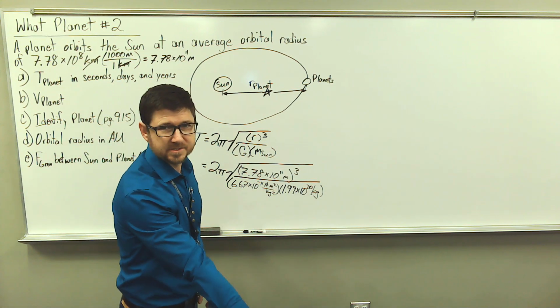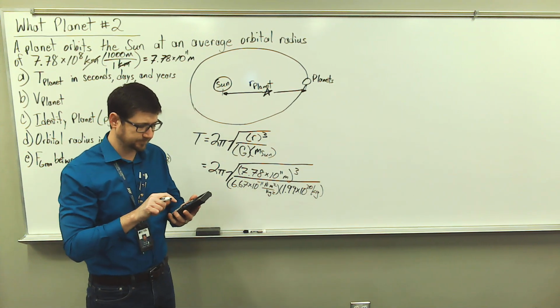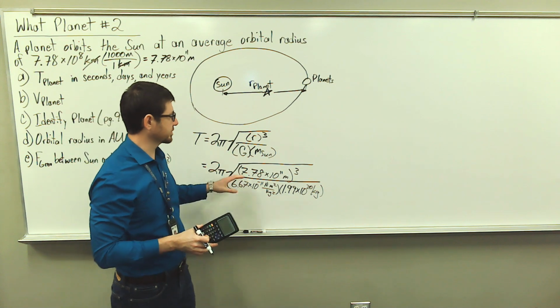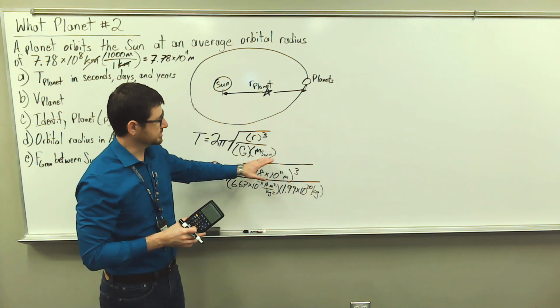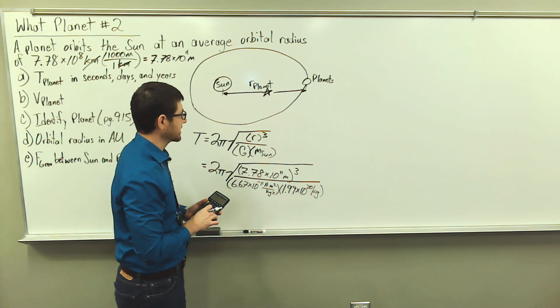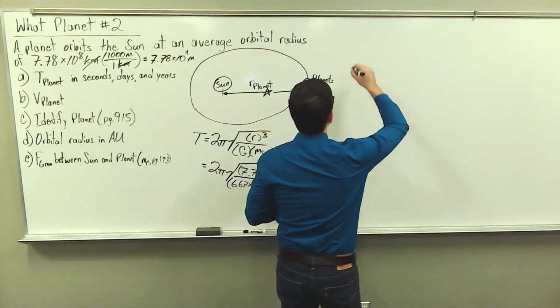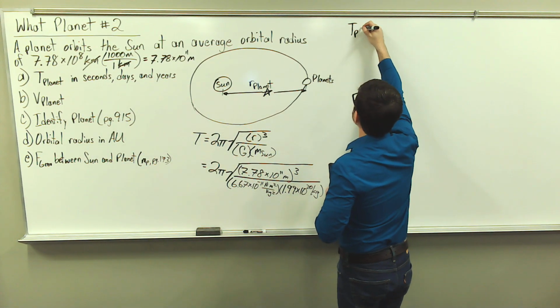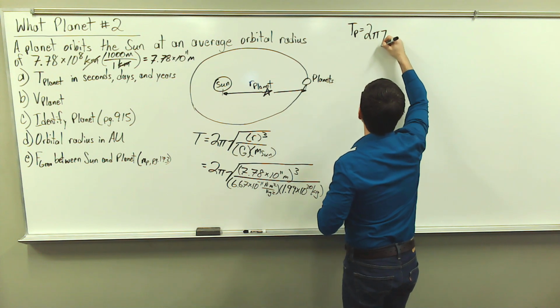Okay, so let's take out our calculator, and what I want to do is first resolve the values underneath the radical. Okay, so I'm going to start right over here. So orbital time period for the planet is 2 pi.